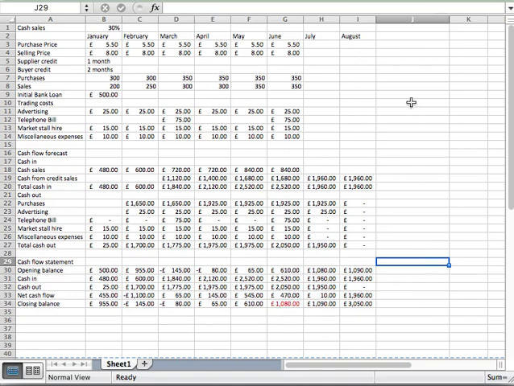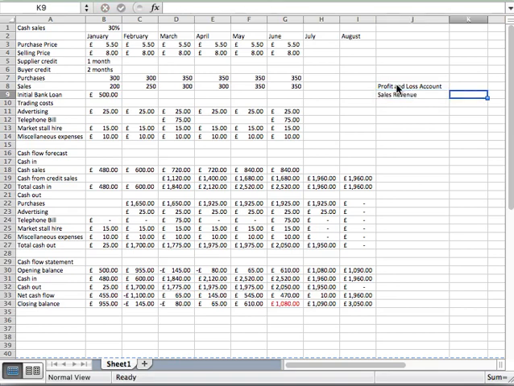Let's now take a look at the profit and loss account. And we're looking for one column of numbers here, remember, not a column for every month. And the first line of the profit and loss account is sales revenue.